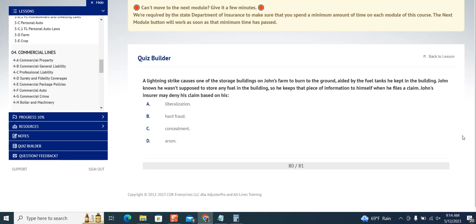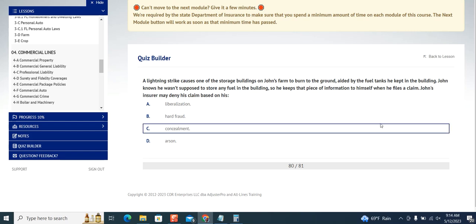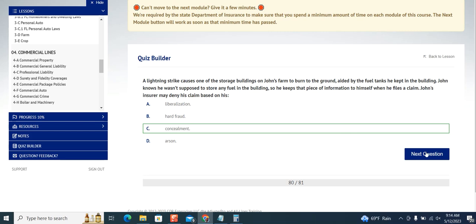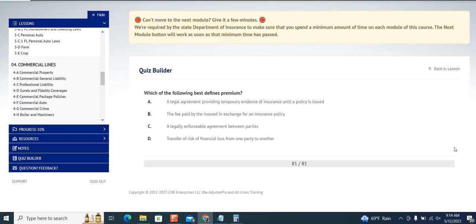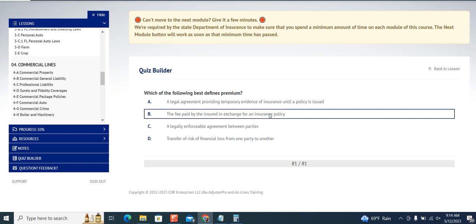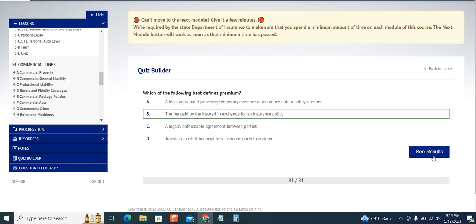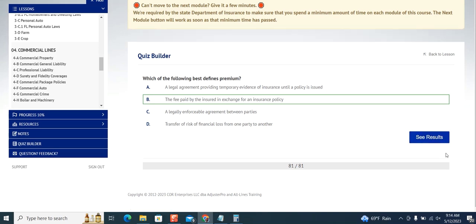When he files a claim, John's insurer may deny his claim based on concealment. He didn't tell them, concealment. Which of the following best defines premiums? Okay, this should be an easy one. The fee paid by the insured in exchange for an insurance policy. Okay, what do y'all think we got? Let's see the results.